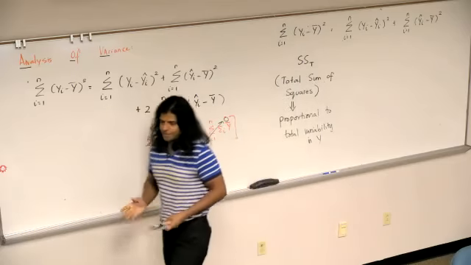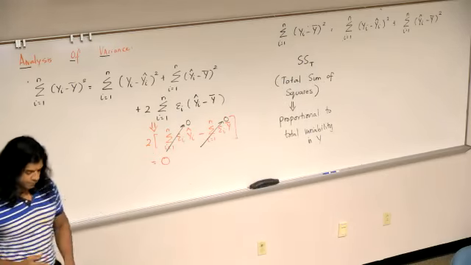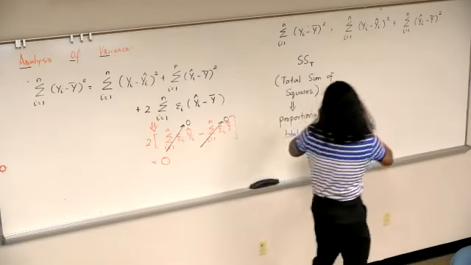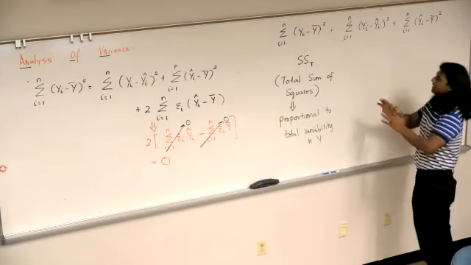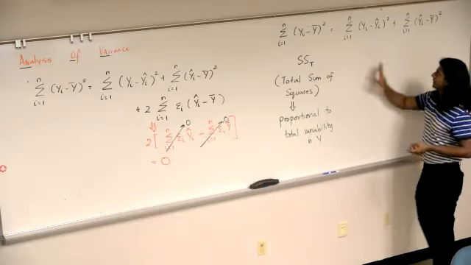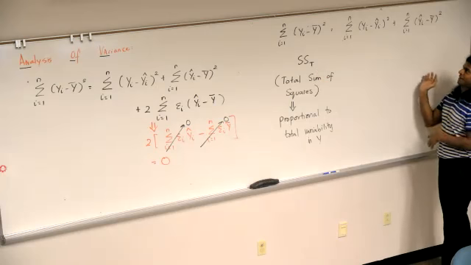And we want to know how that is going to split. So we split it, or we decompose the total sum of squares into 2 parts.